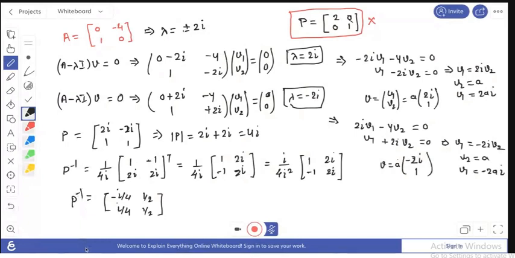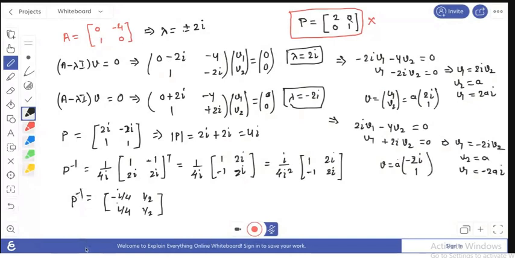Next page. So here, what is your B? B equals basically P inverse A P. And what is the value of P inverse? P inverse is minus i by 4, 1 by 2, i by 4, 1 by 2.